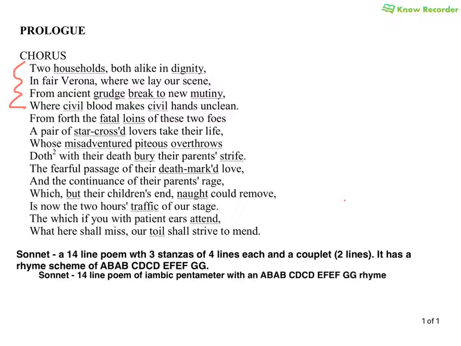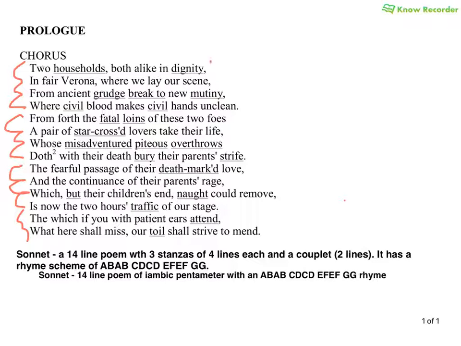There is stanza 1, then 4 lines each for stanza 2 and stanza 3. And then you're left with what's known as a couplet, a rhyming 2 lines, also known as a turn for a Shakespearean sonnet.